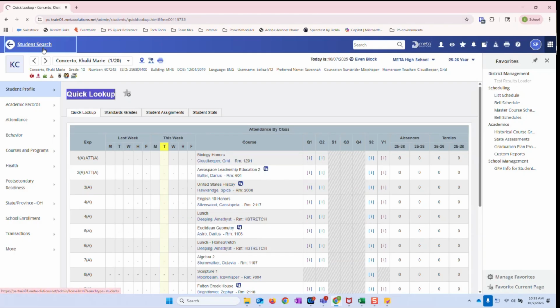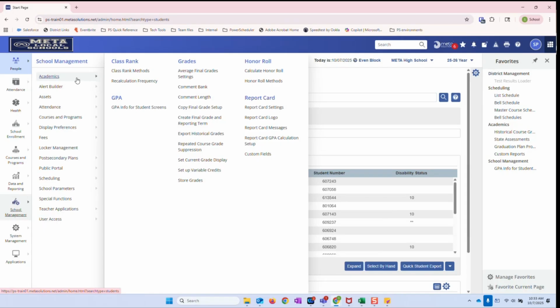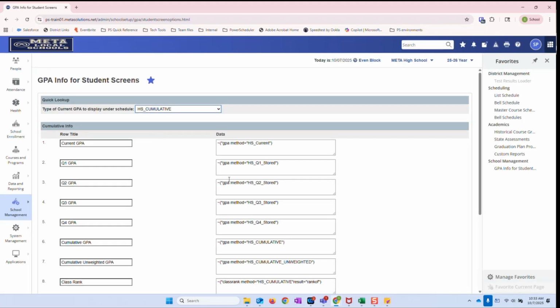The way you would change that is under School Management, Academics, GPA Info for Student Screens. Right up here, up top, for the quick lookup, which GPA do you want to display under their schedule on the quick lookup screen? So it makes it very clear from this screen what we're talking about.